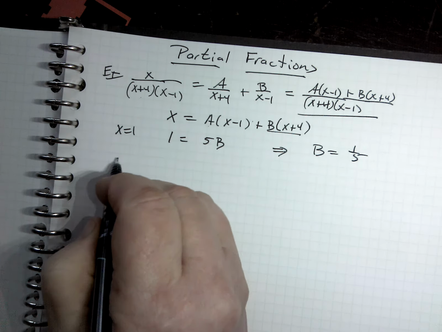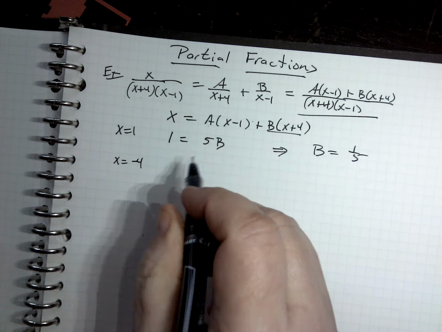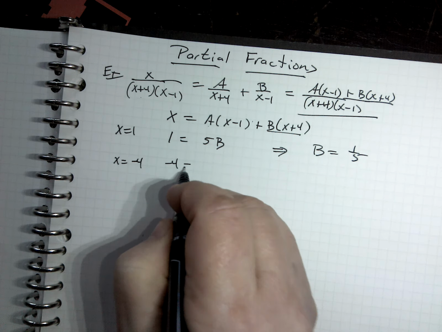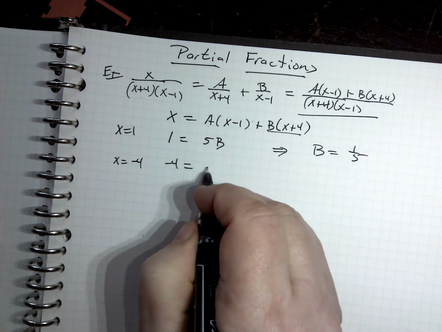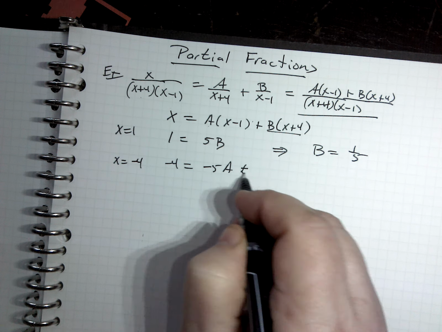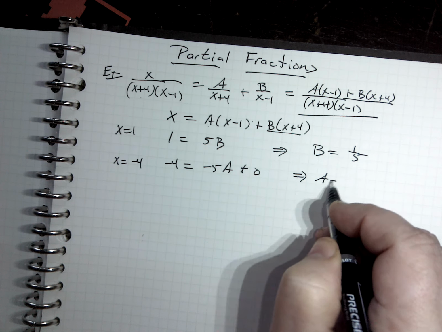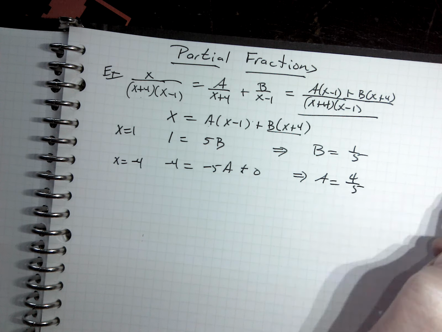If I let x equal -4, then I have -4 is equal to, well, -4 minus 1, I get -5a plus 0, that's gone. So this means a is equal to 4/5.